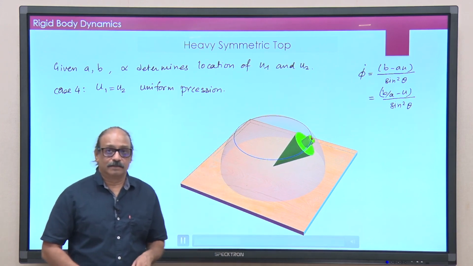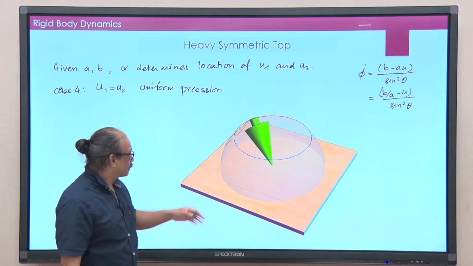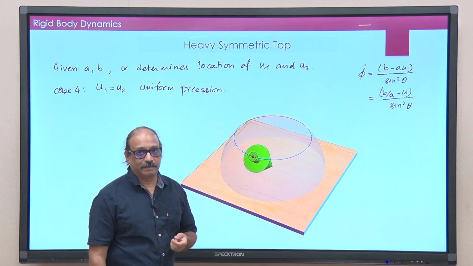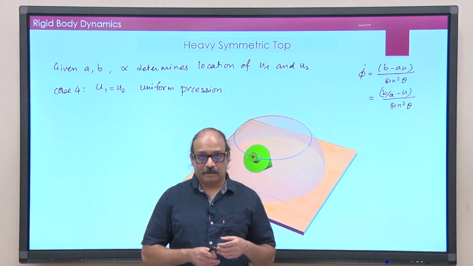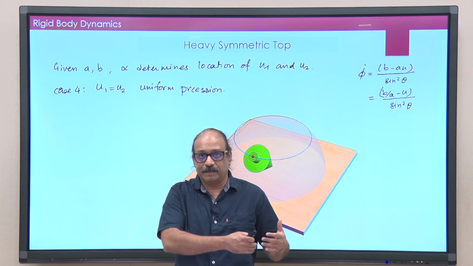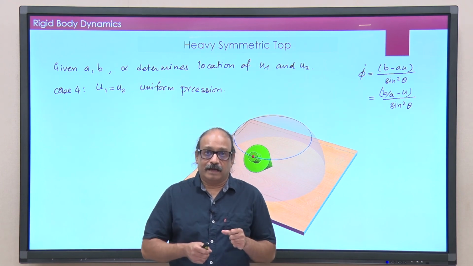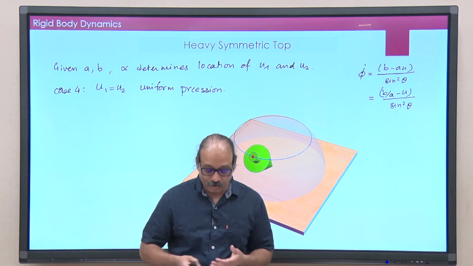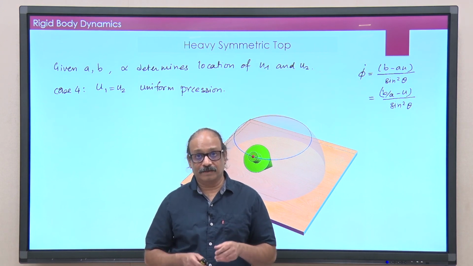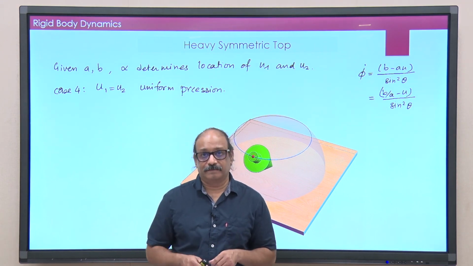Okay. So, these are basically various kinds of motion that your symmetric top can have, and look at the analysis, it is a very brilliantly done analysis, and you can actually see the motion of the top without solving the problem all the way to the end.